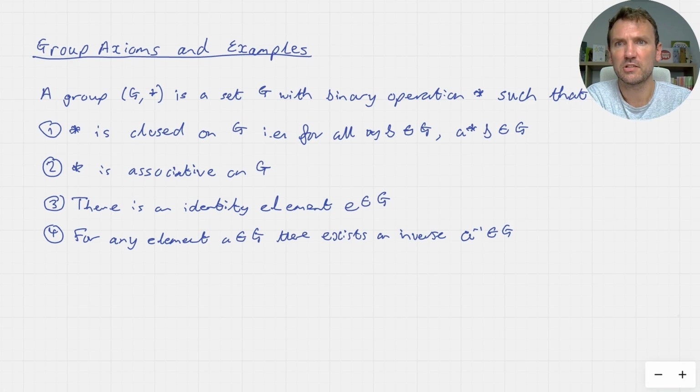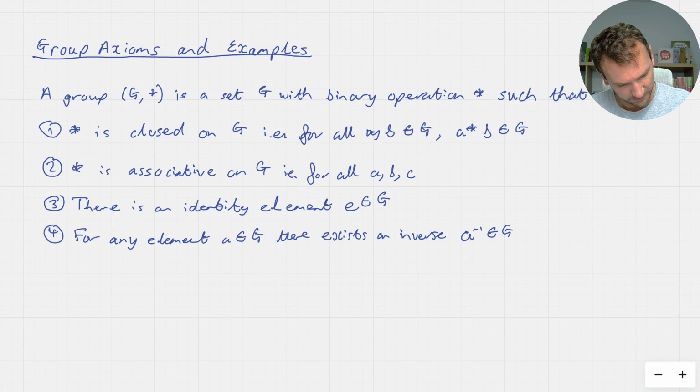The second definition here is that star is associative in G. Associativity got defined in the previous video. This is just saying we only need it to work when we're taking elements from the set G that we're defining. For all A, B, and C in our set G, it doesn't matter where we put the brackets.